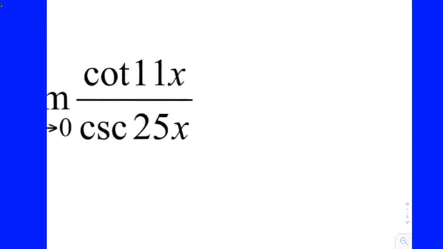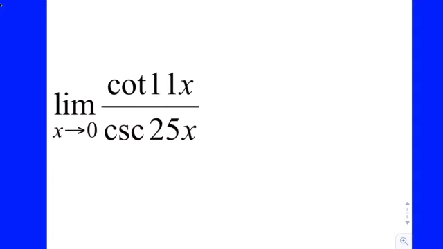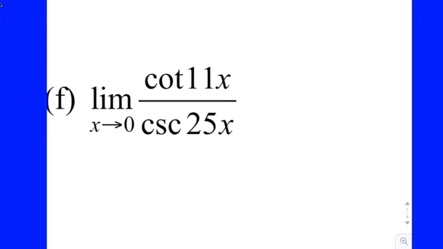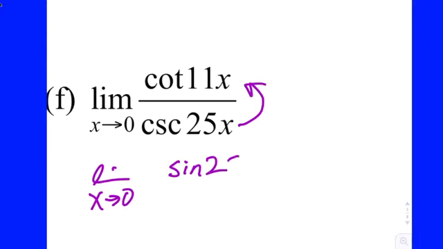But we can also use the reciprocal identities. We basically have cotangent in the top and cosecant in the bottom. So here's what we could do. A cosecant in the bottom is equivalent to its reciprocal sine in the top, because 1 over cosecant is sine.